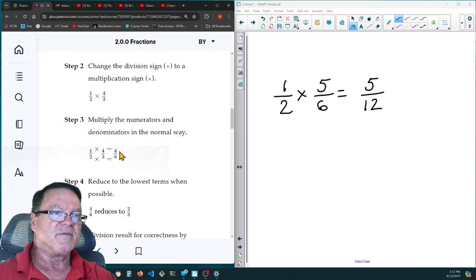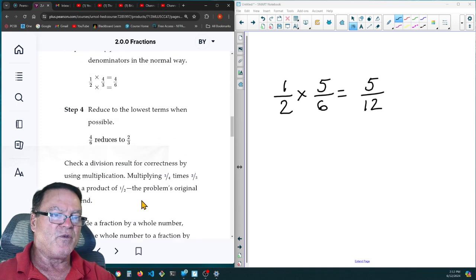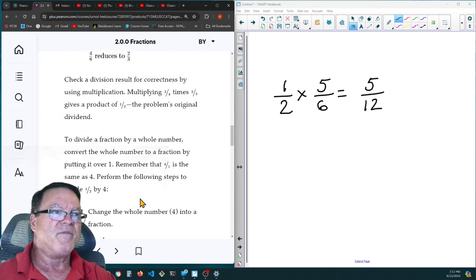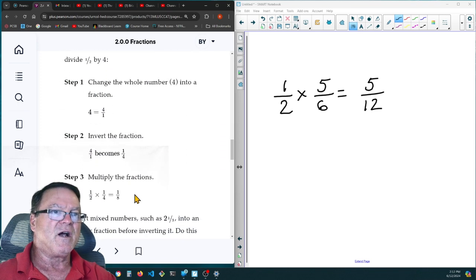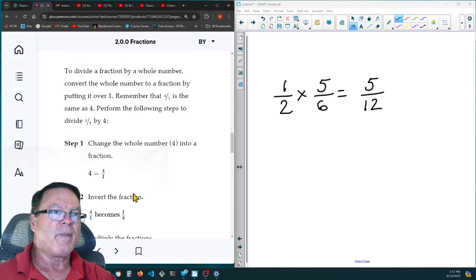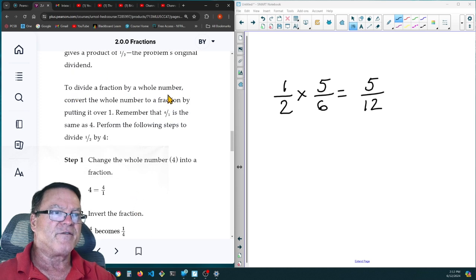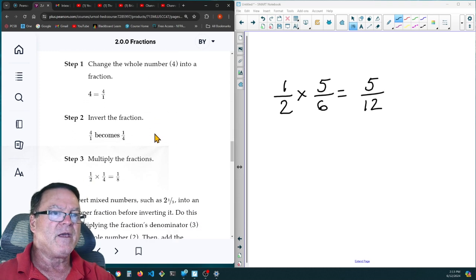So our answer comes out to be 4/6, which can be reduced to 2/3. All right, we'll do a couple of examples of that. To divide a fraction by a whole number, convert the whole number to a fraction by putting it over 1. Remember that 4/1 is the same as 4.